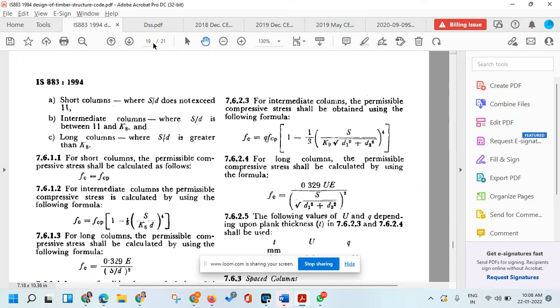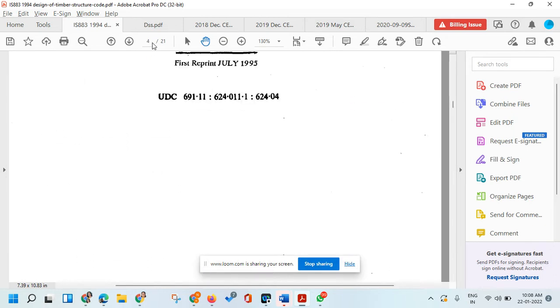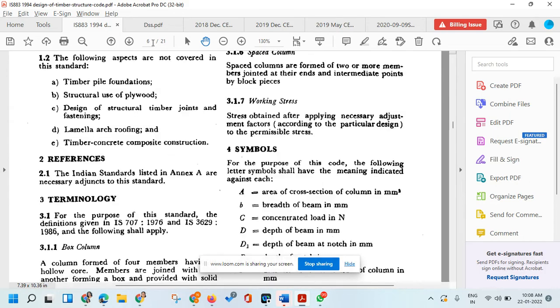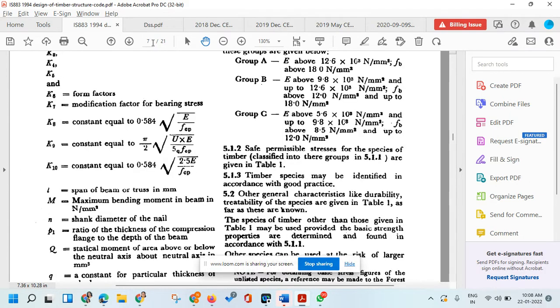You can just move back and see. Here you can see that K8 is having an equation 0.584 square root of E divided by FCP.